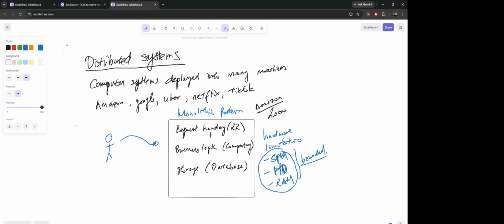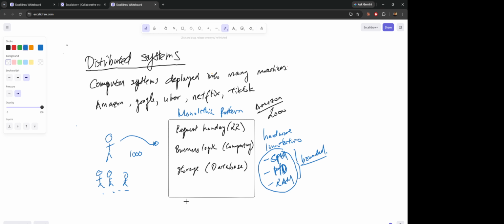So in this case, we have one customer hitting our machine. Our machine is under pretty much zero load. But if we have a cluster of 1,000 customers, then this is going to create burden on our hardware.